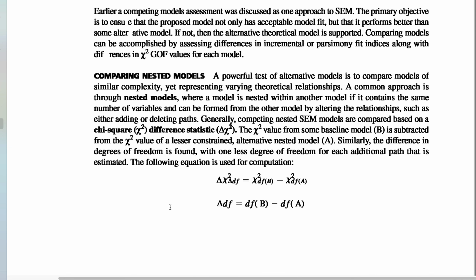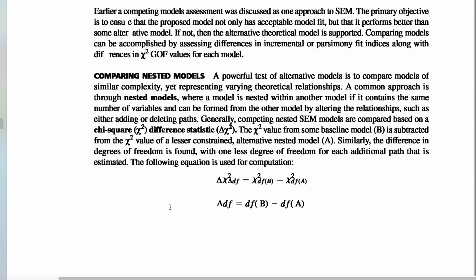A powerful test of an alternative model is to compare models of similar complexity yet representing varying theoretical relationships. A common approach is through nested models, where a model is nested within another model if it contains the same number of variables and can be found from the other model by altering the relationships, such as either adding or deleting a path.